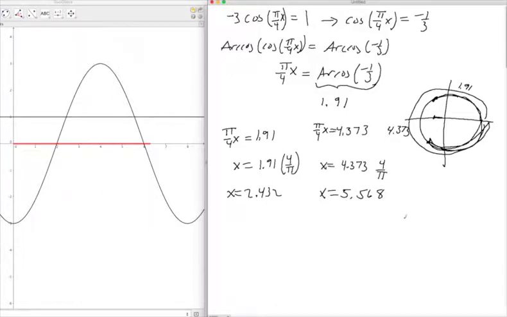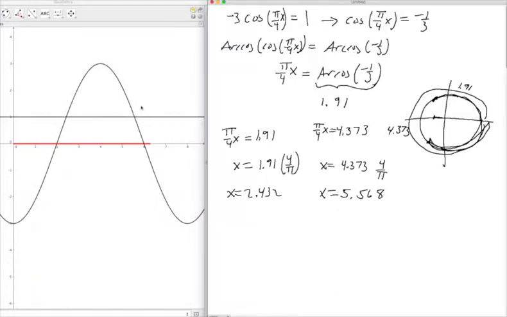Now, having the graph, it's also obvious, but if I didn't have the graph, I would have to check and make sure that these were the only solutions. So think about this for a minute. If you can see over on the other graph, there's a solution here, right? Now it's off the graph a little bit, but if I go here and add the period, I'm going to get my next solution, which would be over here.